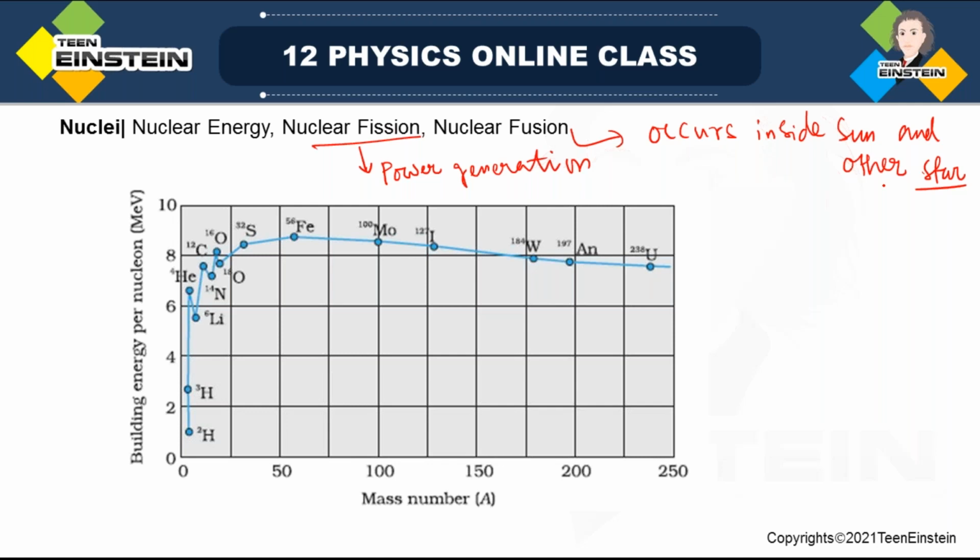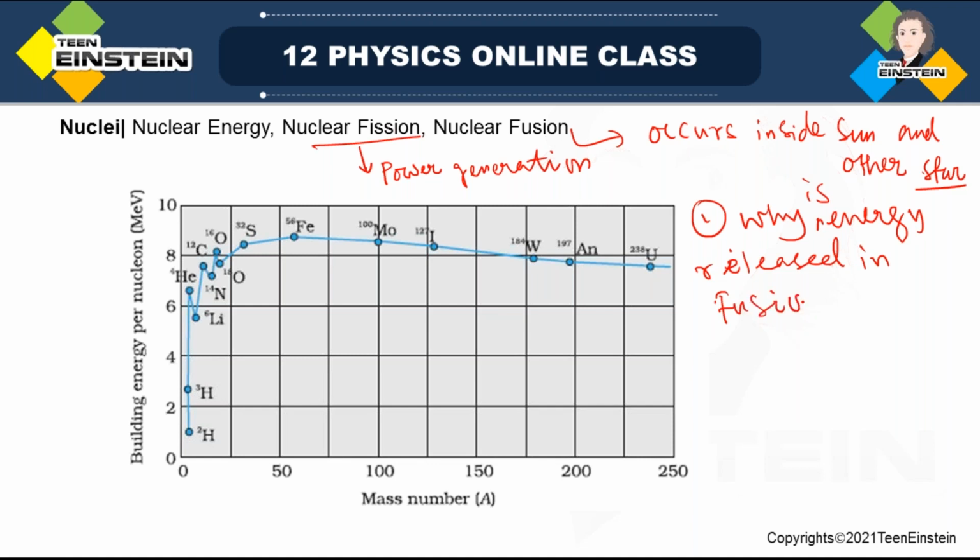All right, knowing this, we need to know the reason why, during a nuclear reaction like nuclear fission or fusion, an enormous amount of energy is released.